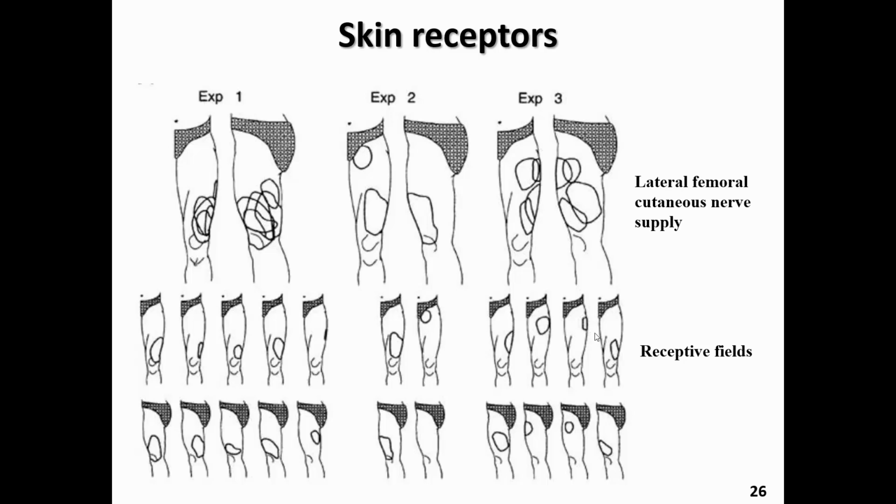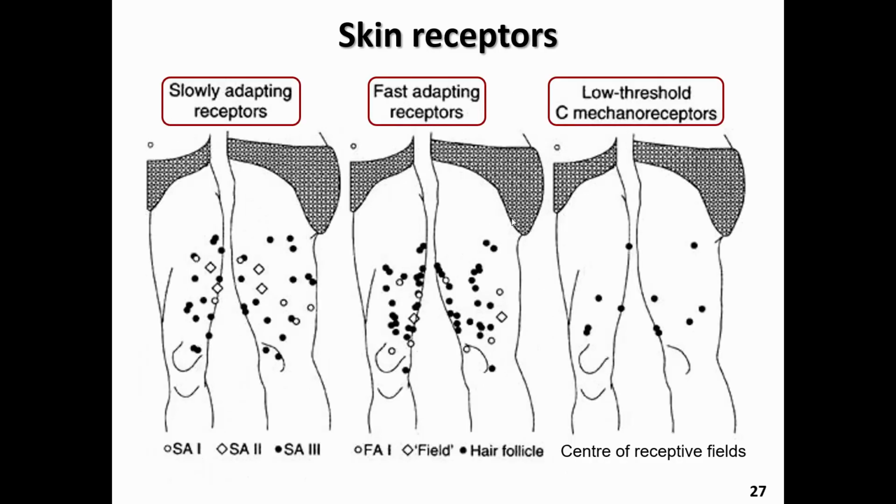It was consistent that the nerve provided sensation to the anterior and lateral thigh, but the receptive field was quite a bit different, although they were all centered over that particular region of the thigh.